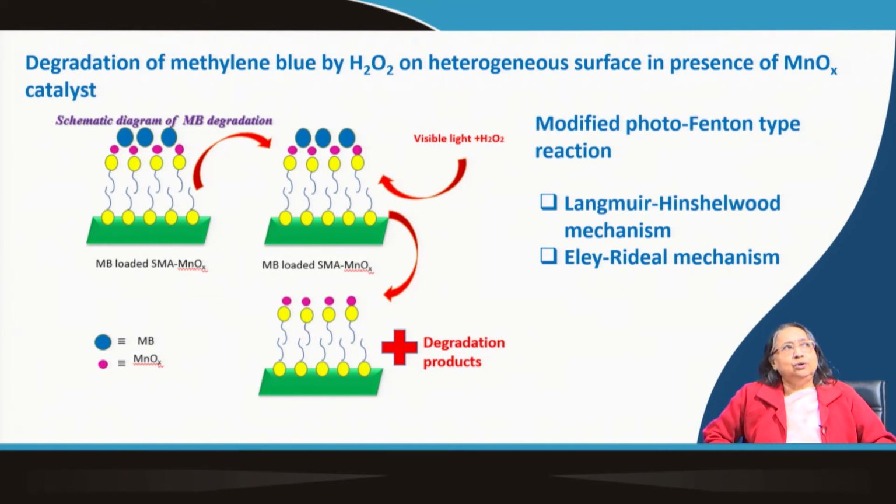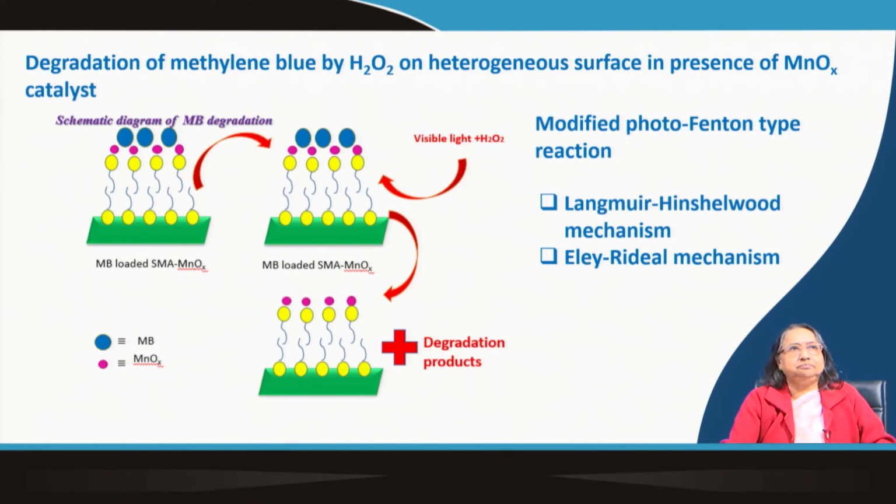Once you want to know the mechanism, you have to isolate the intermediates or products, and only then can you speculate the mechanism. Here it is observed that there are many products where OH dot is attached to the substrate. That means this reaction is going via OH dot generation and attack.